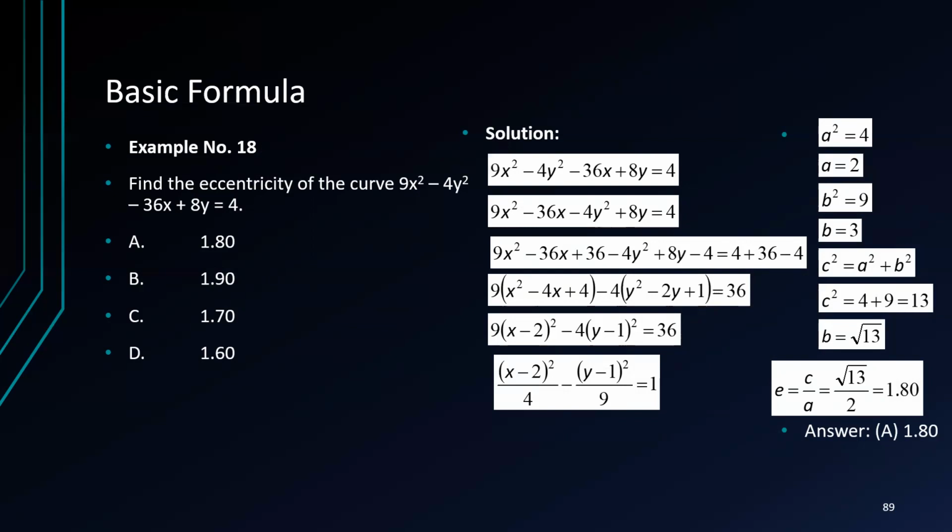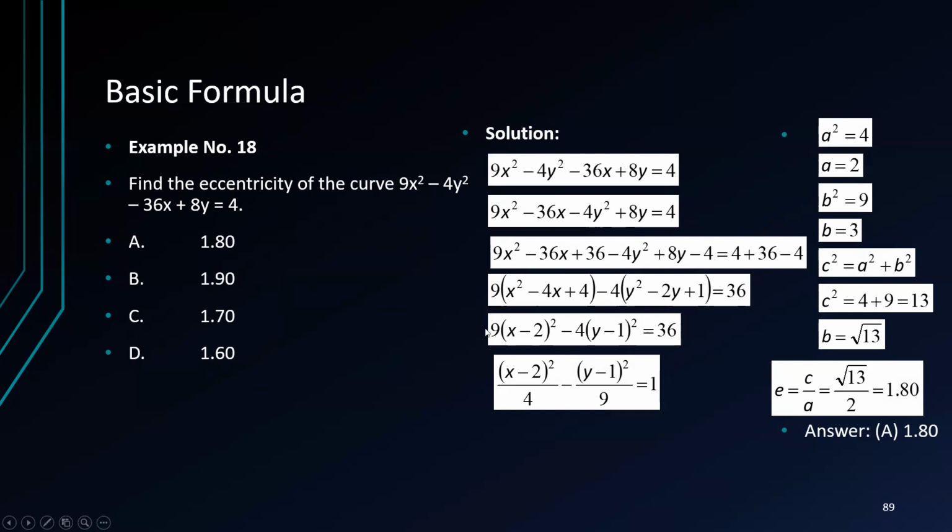Minus 4y squared plus 8y minus 4, add negative 4 there. So, 4 plus 36 minus 4 is 36 still. Factor out 9 and negative 4: 9 times (x squared minus 4x plus 4) minus 4 times (y squared minus 2y plus 1). Perfect squares. So it becomes 9 times (x minus 2) squared minus 4 times (y minus 1) squared is equal to 36.